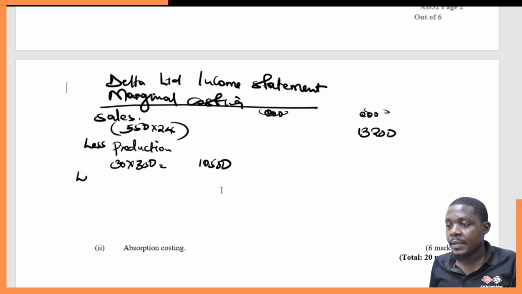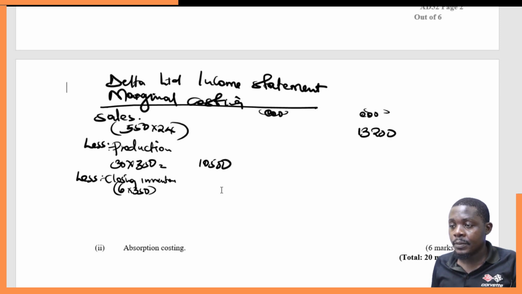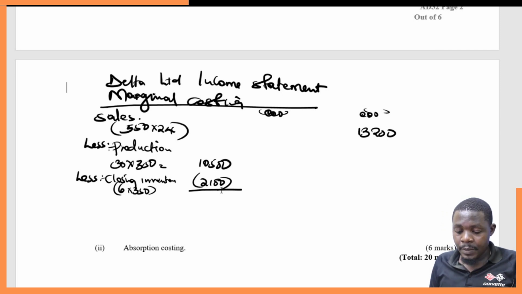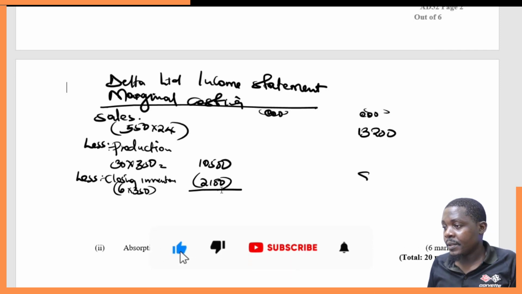We have less closing inventory, which we have 6 multiplied by 350, that is 2,100. 10,500 minus the answer, we have 8,400.